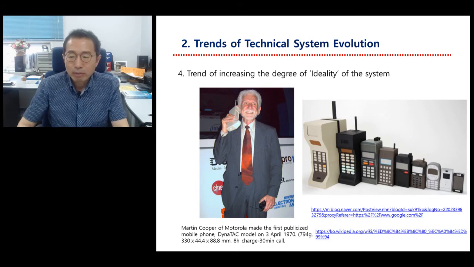The first mobile phone had a volume of 330 by 44.4 by 8.8 millimeters, and weighed about 800 grams. It had only a call function, and with an 8-hour charge it could only make calls for half an hour.